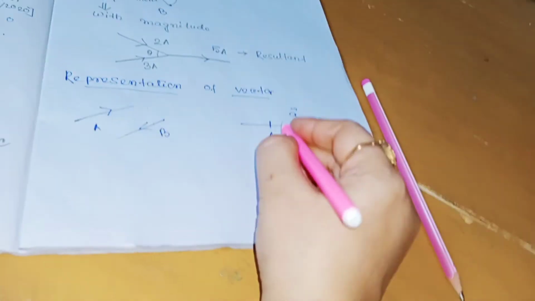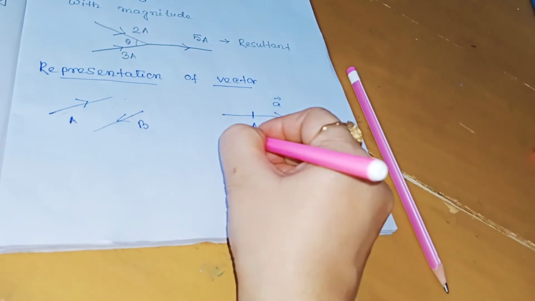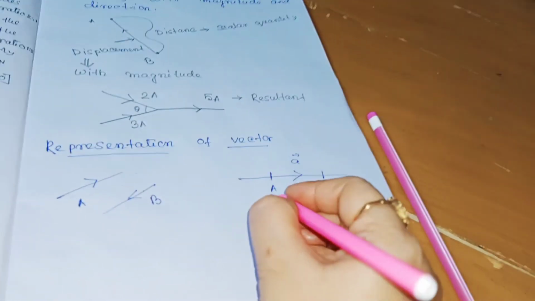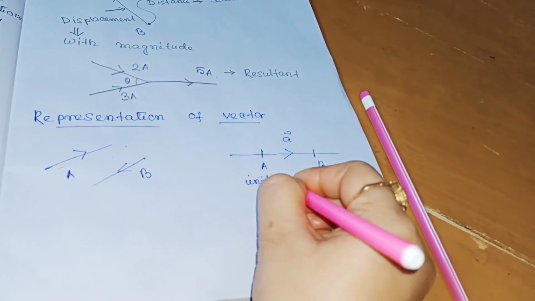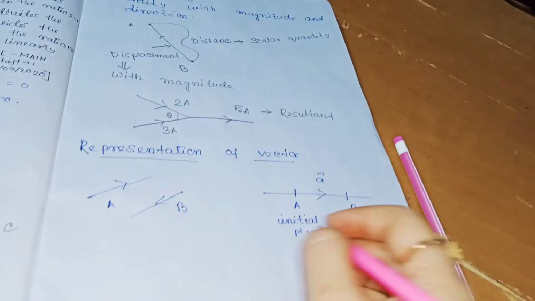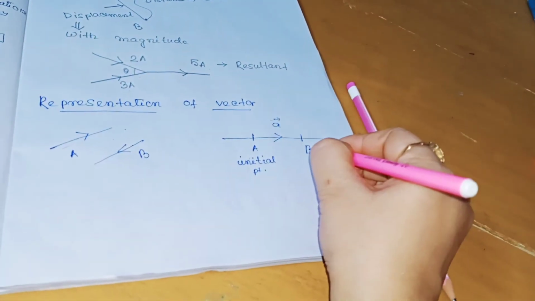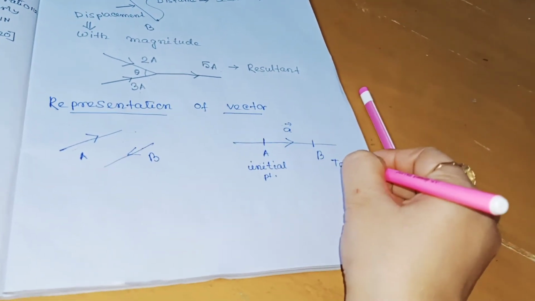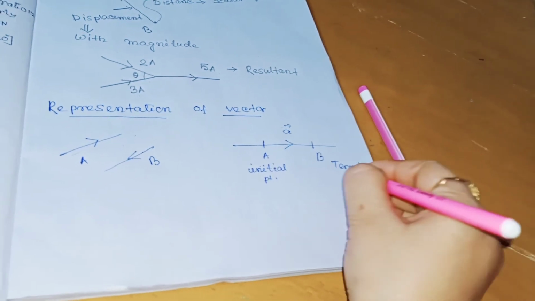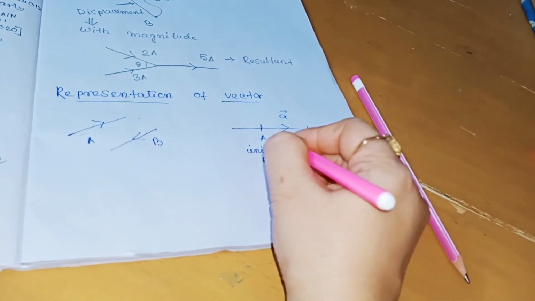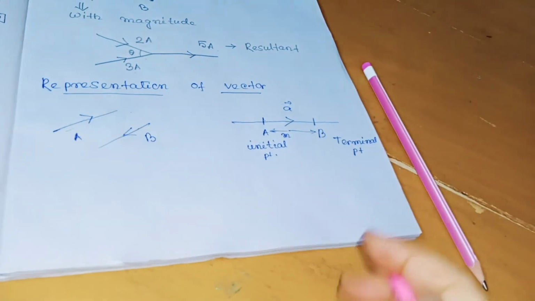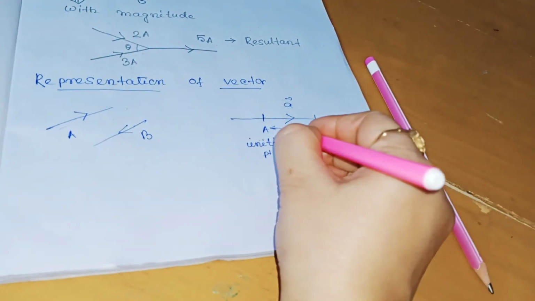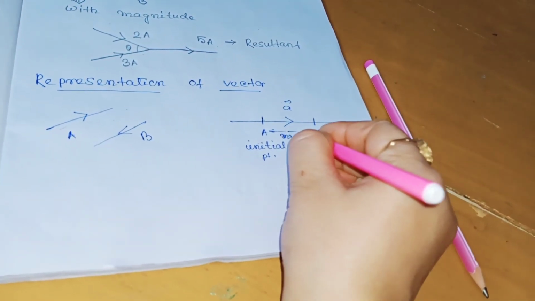So here A is the initial point, and B is the terminal point. And A to B, what is this? This is called the magnitude.